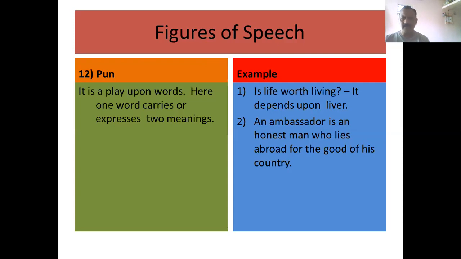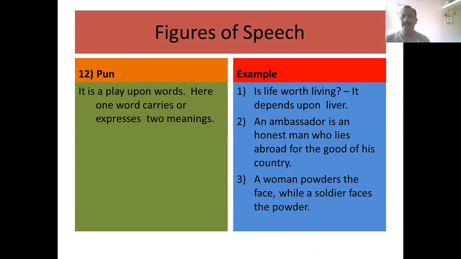It is one meaning. And lie means giving false information or telling false news. So the word lie shows two meanings, and at that time it is called pun.